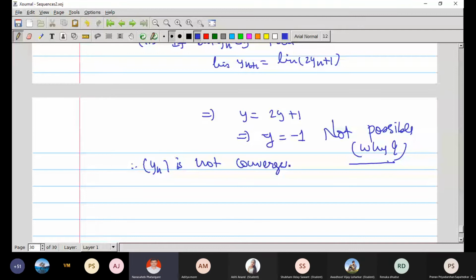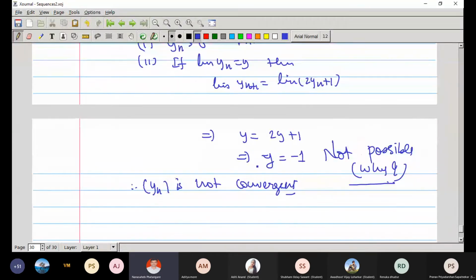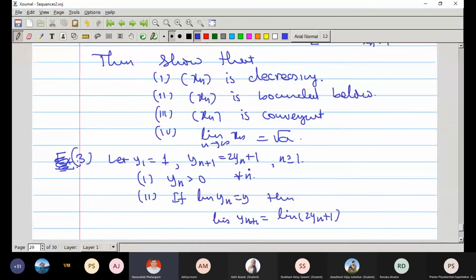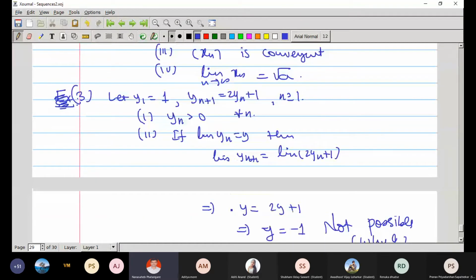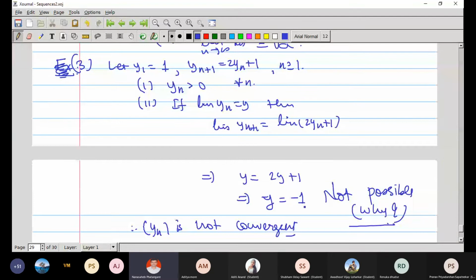If we say it is convergent, then there is a contradiction, since y is minus 1, right? So it is not convergent. Therefore, directly looking at the expression, you cannot calculate the limit, right? Suppose you directly apply limit, like in the previous example, y is equal to 2y plus 1, then y is minus 1, that is not possible.